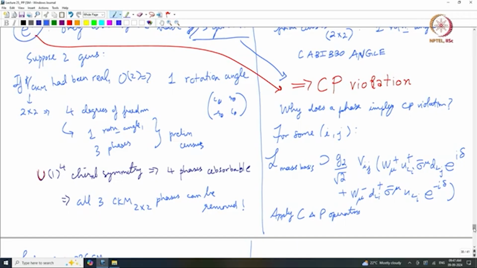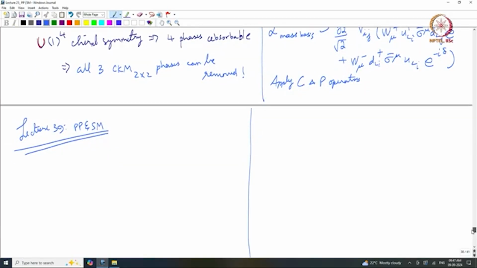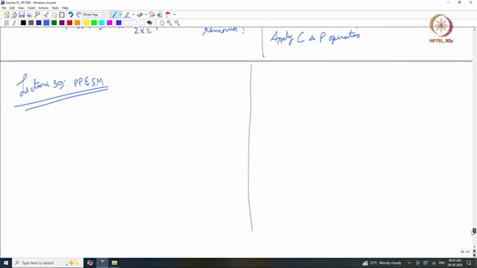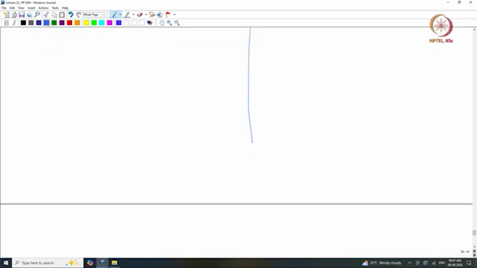Okay. So, I started writing down the relevant part of the Lagrangian, and in this lecture we will continue with that calculation. Okay. And for that I have to tell you what the C operator, the charge conjugation operator, actually means in quantum field theory applied to spinors in particular.